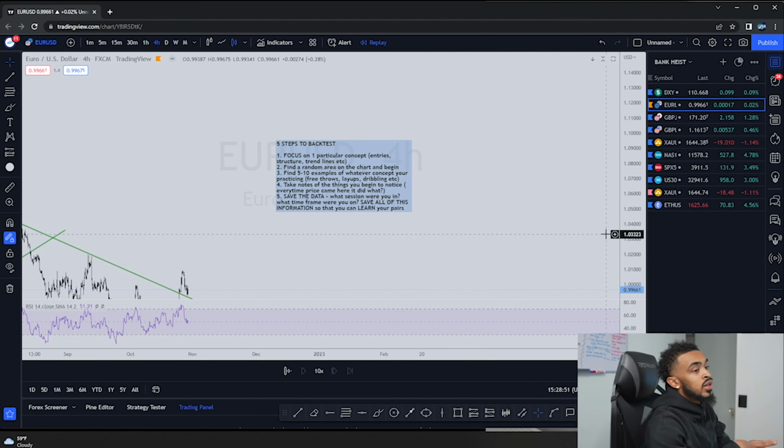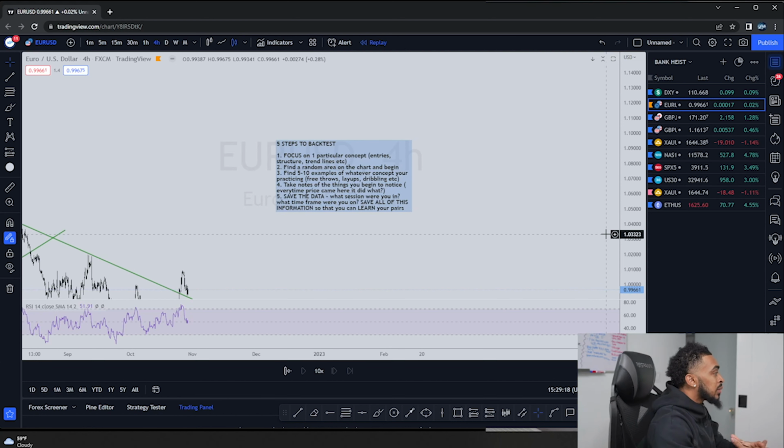Then from there, you want to find a random area on the chart and begin to practice. Once you begin to practice, you want to focus on finding 5 to 10 examples minimum for whatever you're studying: structure, trend lines, Fibonacci, X, Y, and Z. And like I said, the more you practice it, the more your eyes are going to pick up on it naturally.